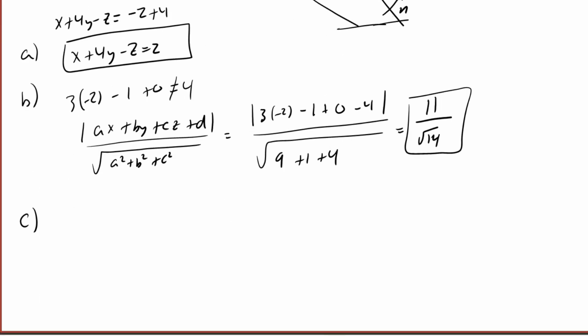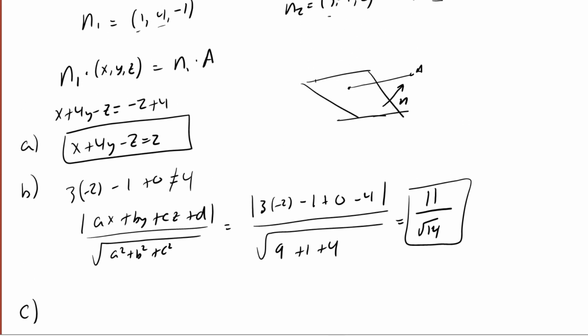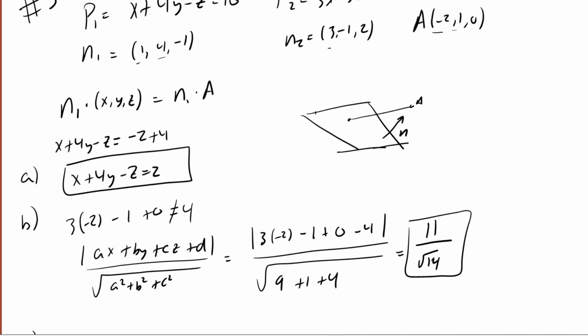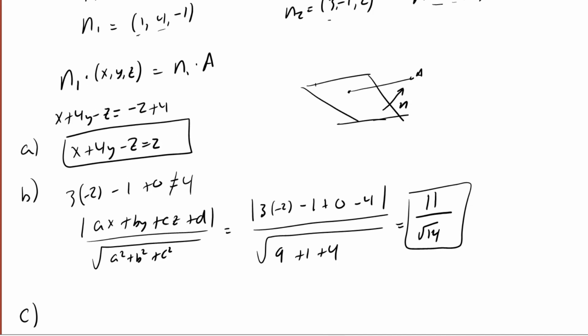So we want to find the equation of the line that goes through them. The way we do that is first we need a point on the line, and we also need the direction vector. Well, the direction vector is going to be orthogonal to n1 and n2. So I'll do that first. So n1, I'm going to copy this down.